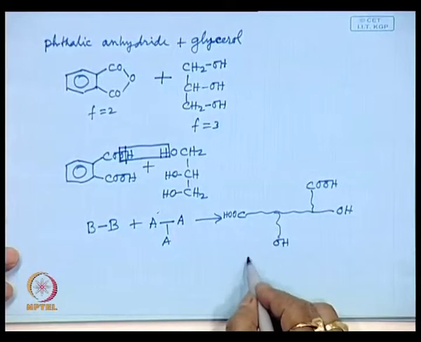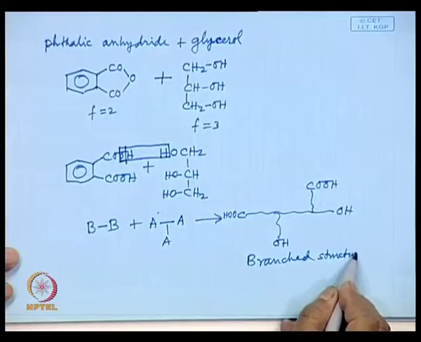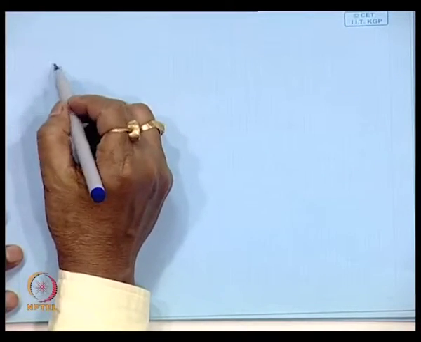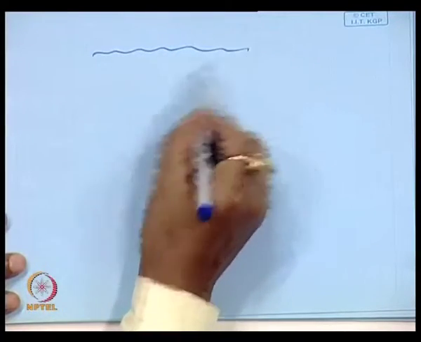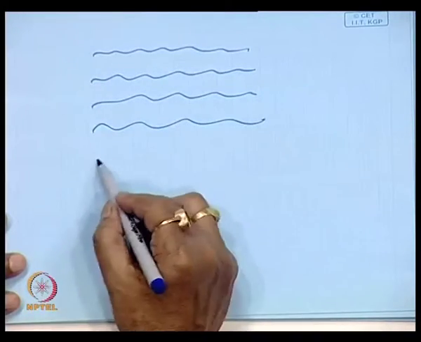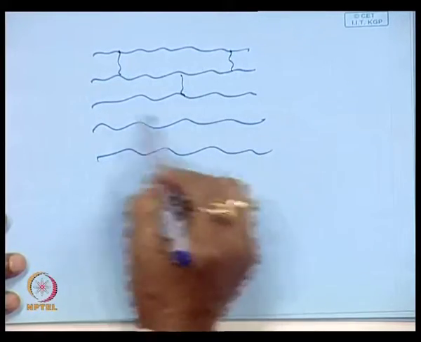So, this is a branched structure, and since those groups are reactive, as I told, hydroxyl and carboxyl reactive groups are there in their ends, this branched structure will lead to an intermolecular cross-linked network structure.